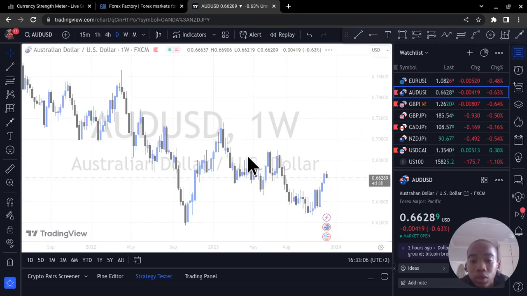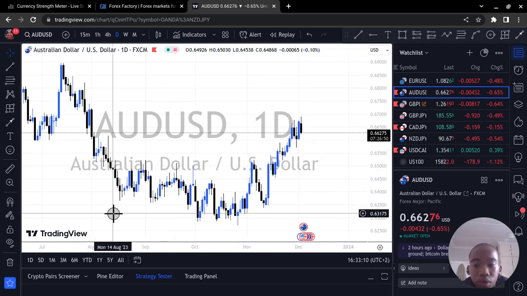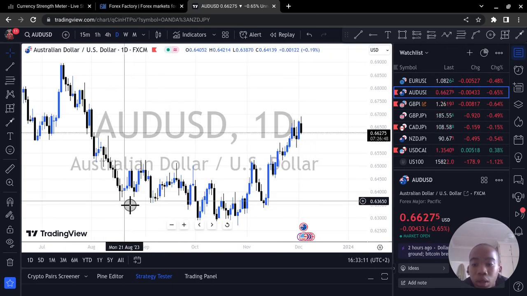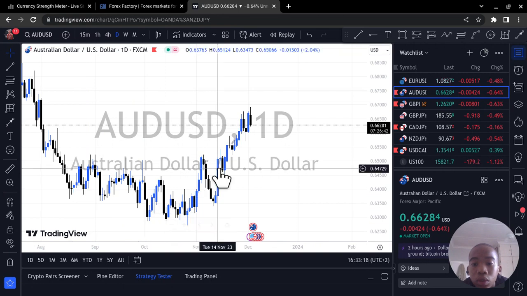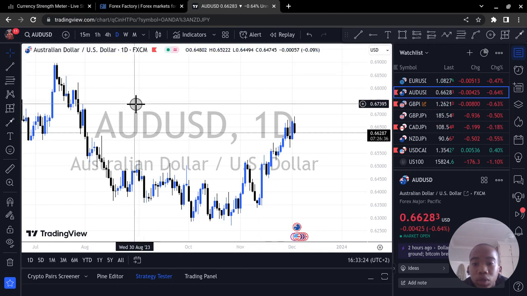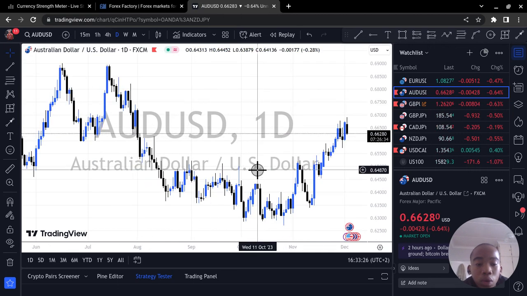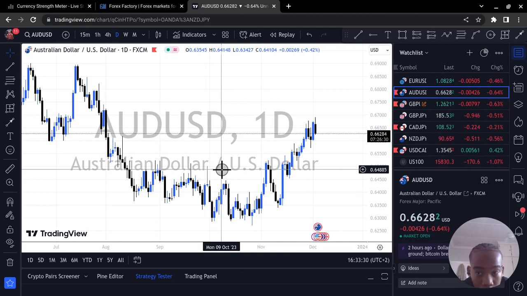I'll hop down to the daily, and we can start to see, yeah, it definitely gave us a shift in structure. Created a support, right? Broke the support, took the liquidity, and went to the upside, right? So yeah, obviously now as I said, price is either forming something or targeting something.